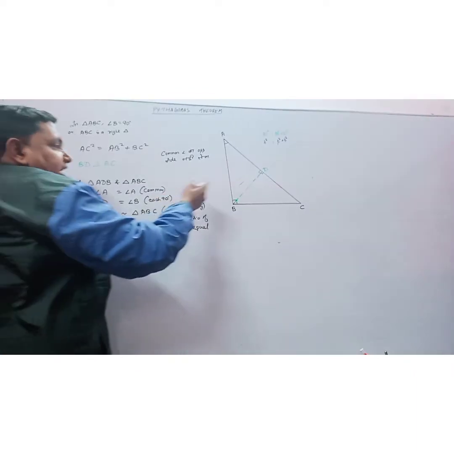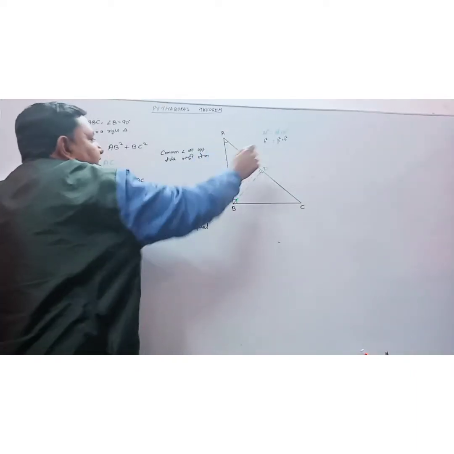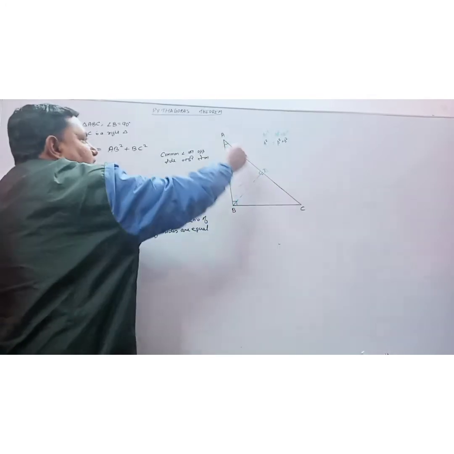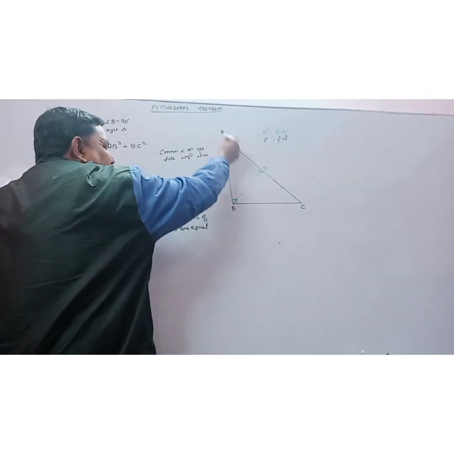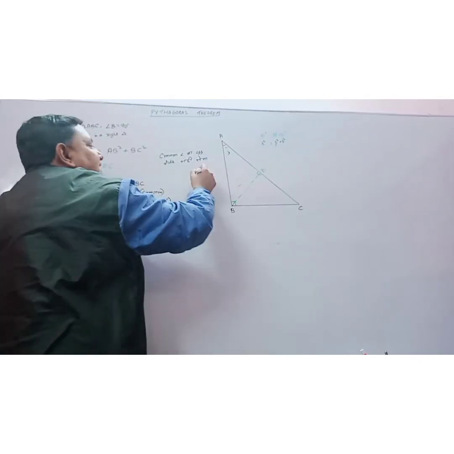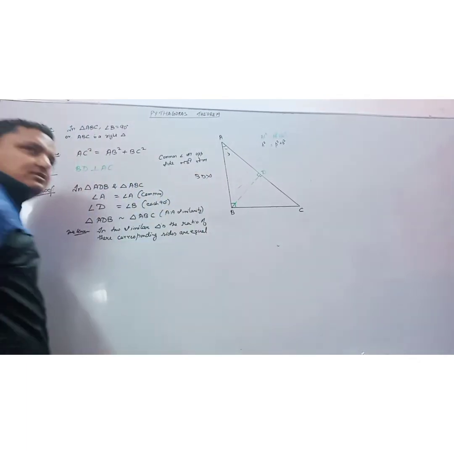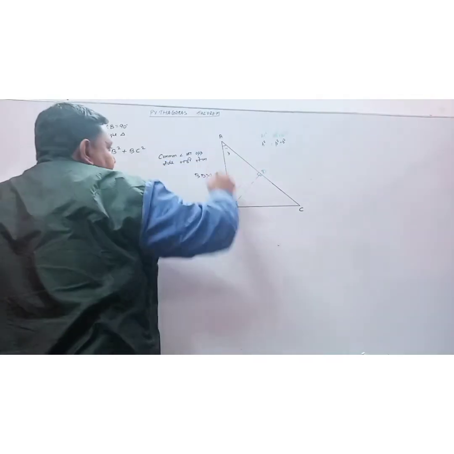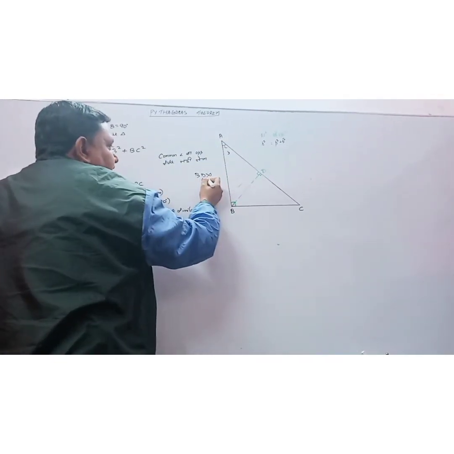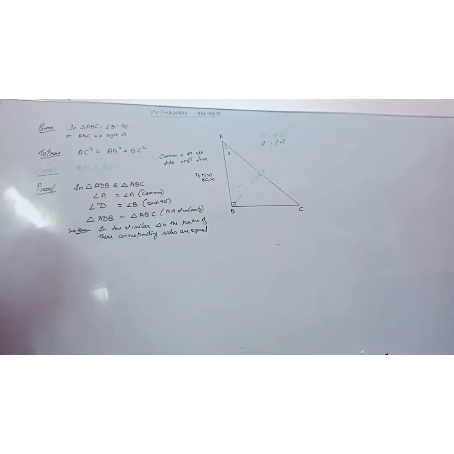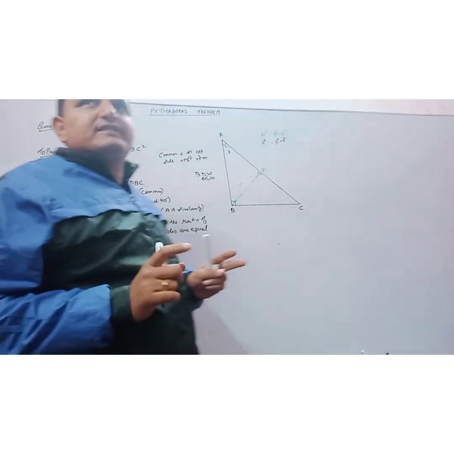Common angle: if I say in triangle ADB and triangle ABC, common is angle A. So the opposite side of angle A in triangle ADB is what? BD. So BD we will avoid. In big triangle ABC, the opposite side of A is what? BC. So we are going to avoid this also. So, common angle का opposite side नहीं लेना है.